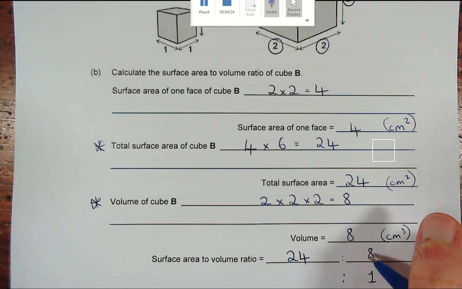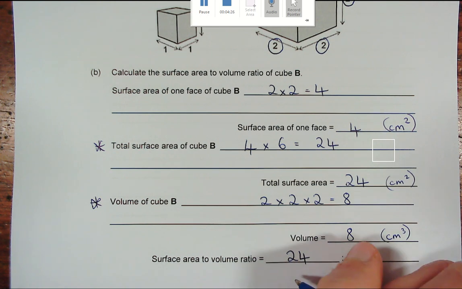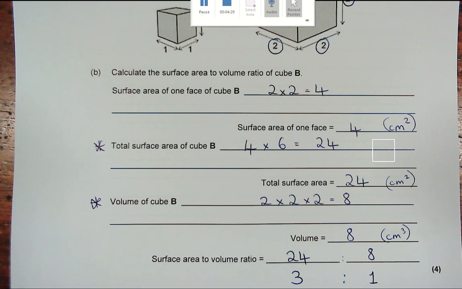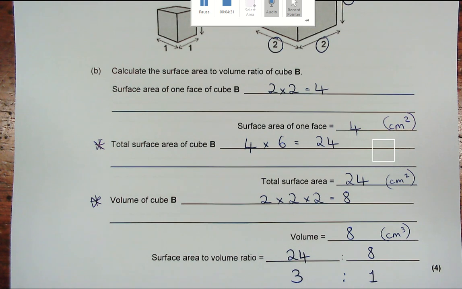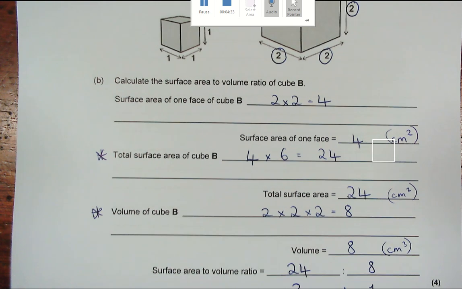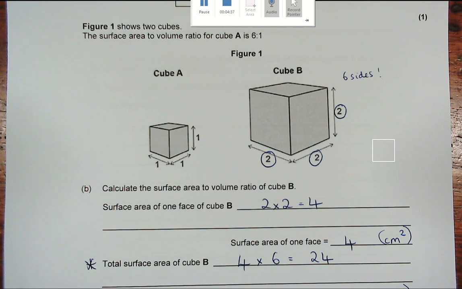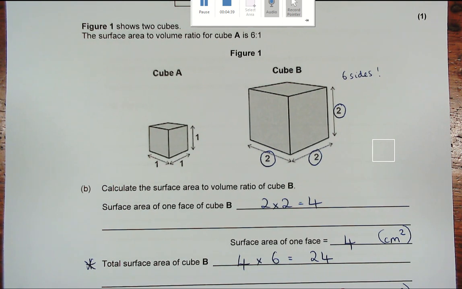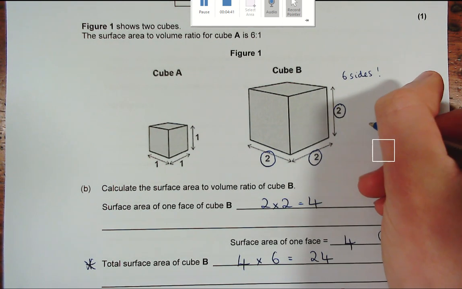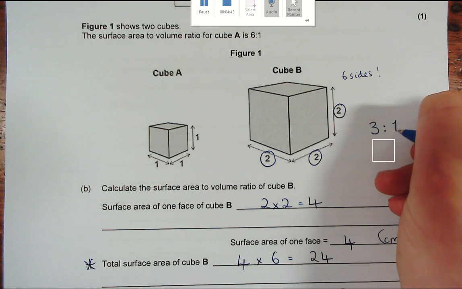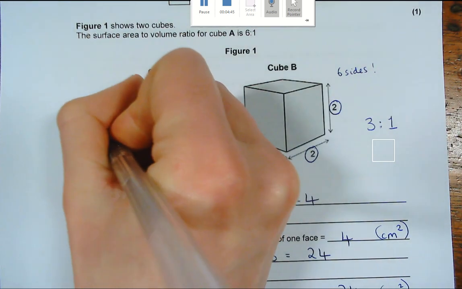So if I divide both sides by 8, then I get my volume as 3 to 1. So cube A, it told us, had a surface area to volume ratio of 6 to 1, whereas cube B has a surface area to volume ratio of 3 to 1.